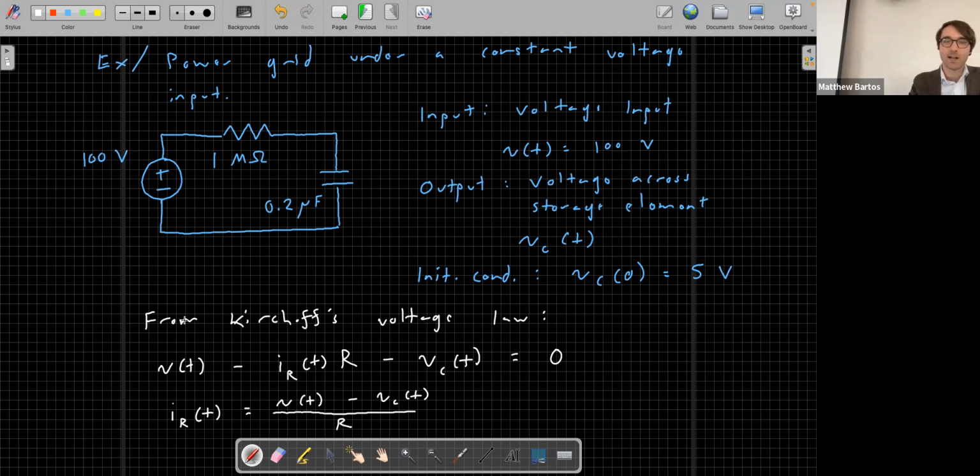Does anyone remember now what's the expression that relates the current and voltage across a capacitor? That would be for the resistor. For the capacitor?